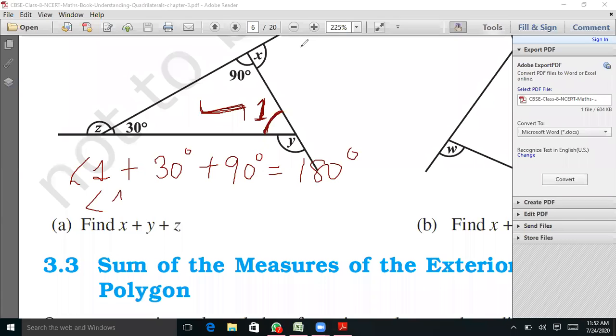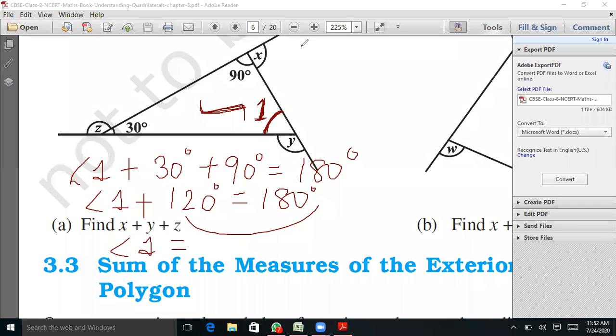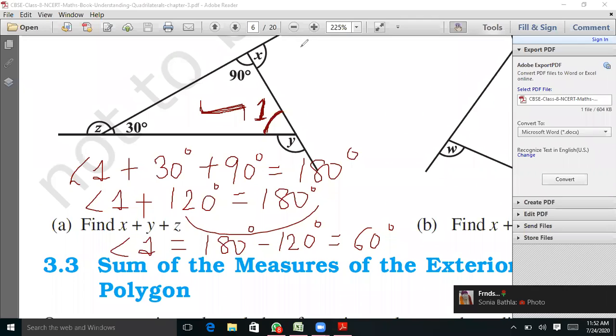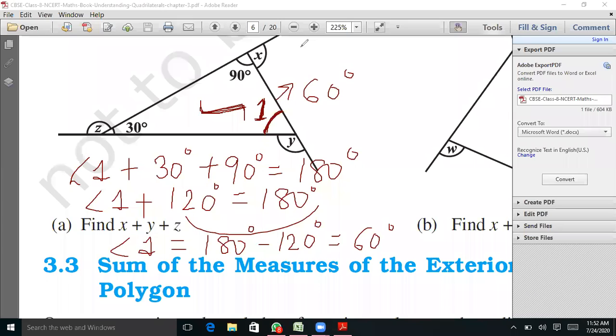Then angle 1 plus 120 degree is equal to 180 degree. Subtract 120 from it. So angle 1 is equal to 180 minus 120, which is 60 degree. Right? So now we got angle 1 is equal to 60 degree.